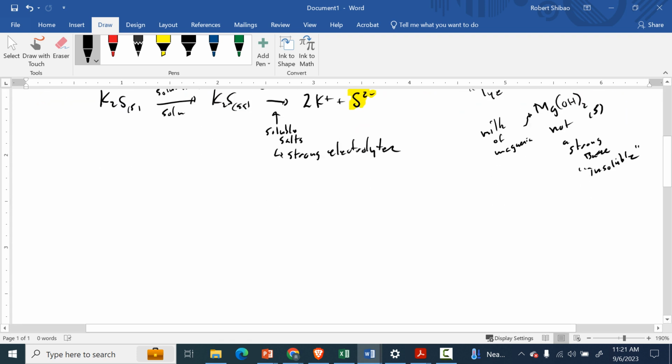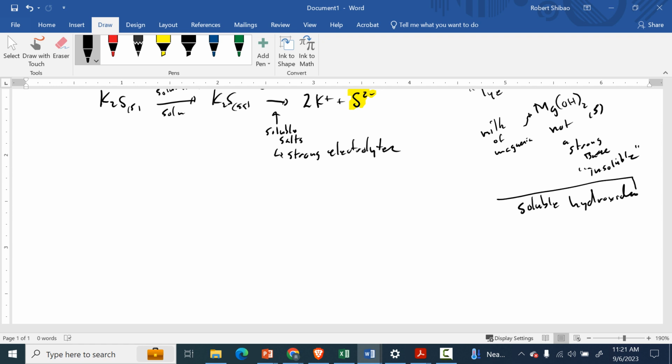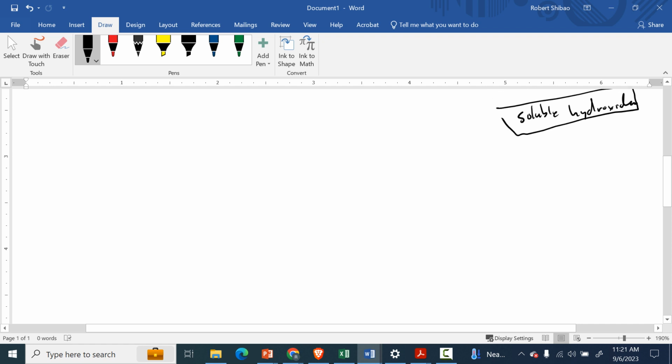So when I think of the strong bases, I think the most common strong bases are the soluble hydroxides. What are the soluble hydroxides? Group 1, ammonium, and not group 2, just calcium, strontium, barium.